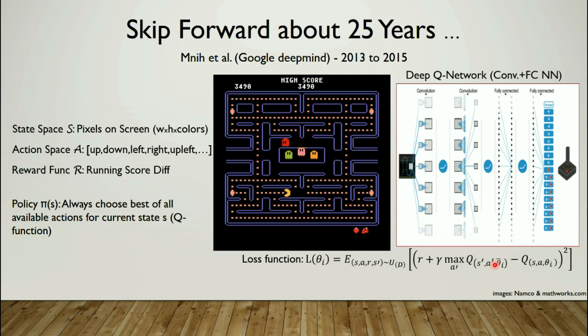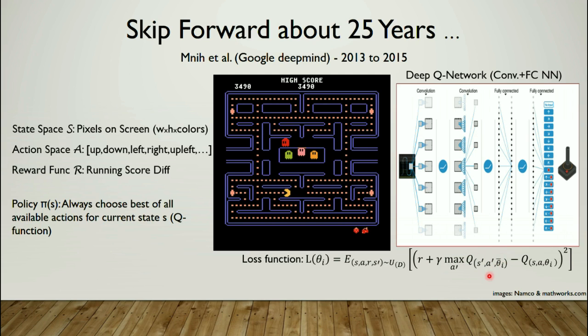The other trick that they did, and these were the two breakthroughs in these papers, the main reason why this all of a sudden worked, was to use a separate target network. So when you pull this value and when you pull this value, you use two different networks. They are generally the same, but the target network is always a few steps behind, like n steps behind.